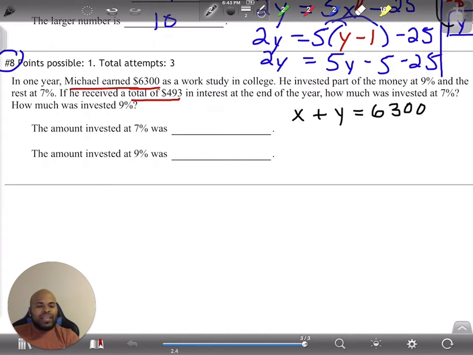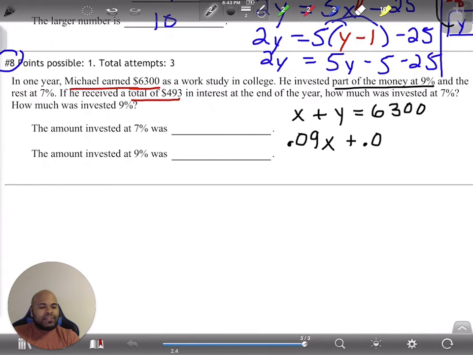Okay. Now he invested part of the money at 9%. I don't know which part is which, so I could pick whichever variable I want. So I'm going to say 0.09, which is 9% of X, of one part. And the rest, so whatever it was not with X, it went with Y, was a 7%.